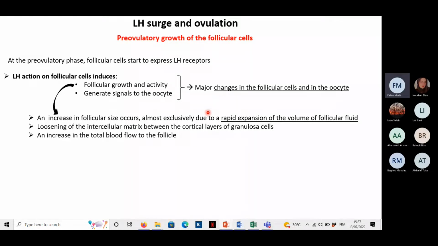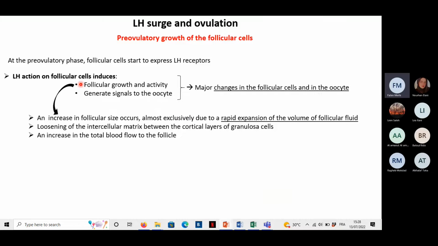So its presence in the follicular fluid will lead to more water retention in this antral cavity, and thus we will have more water in this antral cavity, and it can expand, it can increase in size, okay, and the antrum will increase in size importantly.